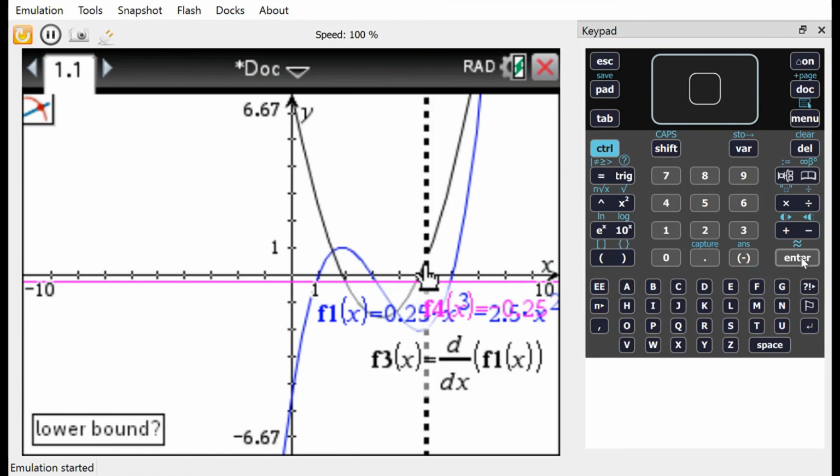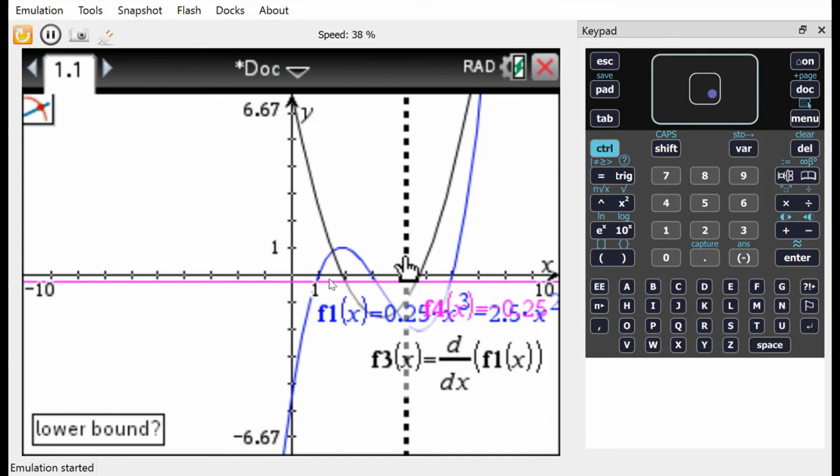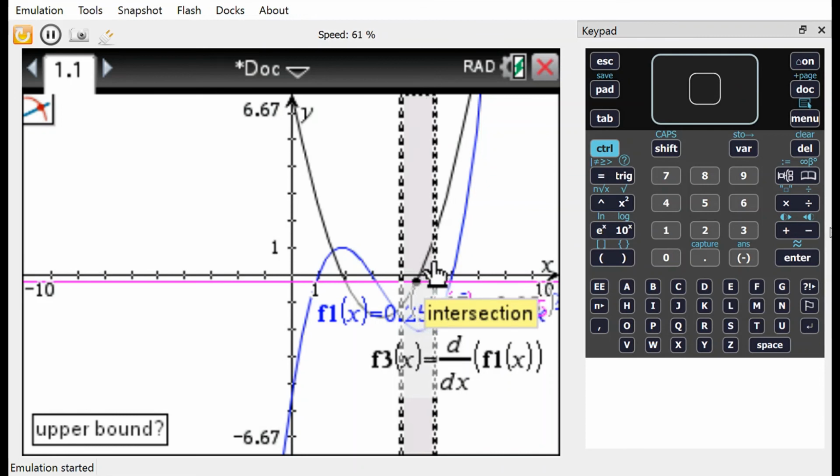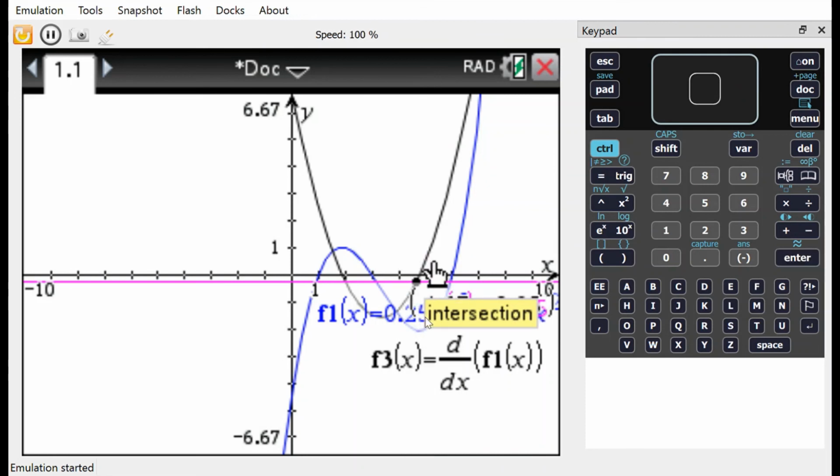Because I want to know where the slope is equal to negative 0.25. So I'll do my upper bound and lower bound. Here we go. And we see that it happens at 4.67. Okay, good. And there's our answer.